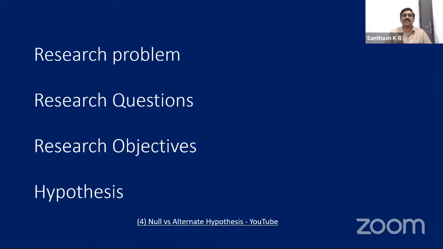We will have certain objectives also in mind. After this, if I get a fellowship, I will join a better university and I will get a monthly income. And we will have certain hypotheses also: these kinds of questions I will study, and these kinds of questions may come. Likewise, when we go for research, there will be all these elements: research problem, research questions, research objectives, and hypothesis.